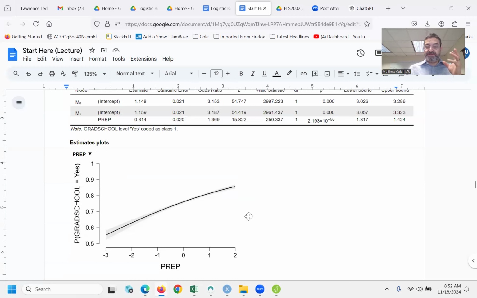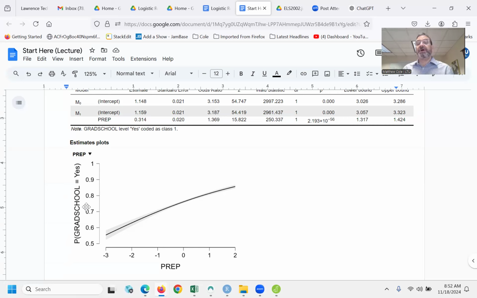Let's not get confused between the likelihood and the odds ratio. The estimate plot is giving us the likelihood. So this is also great for data analytics. This is a great visualization.